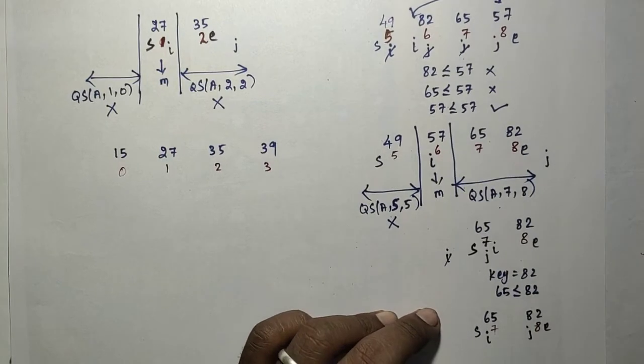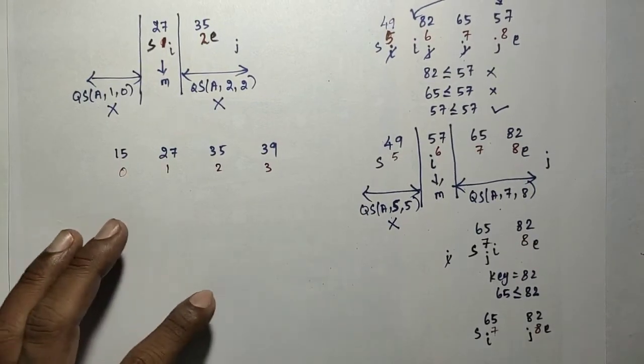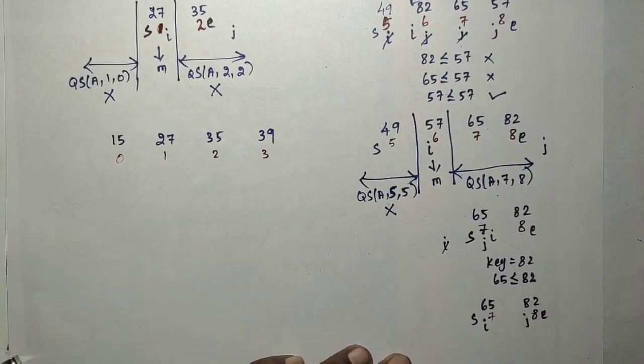So now it continues the iteration. Now is 82 less than or equal to 82, the jth element and the key element? The condition is true. I will get incremented, and it will get swapped.